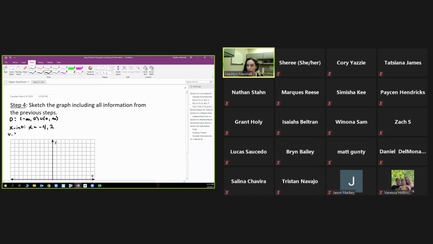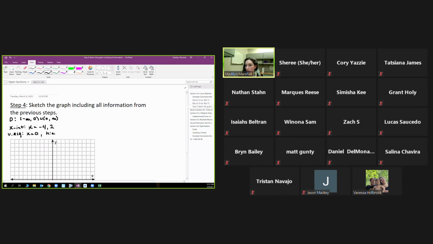And we have a vertical asymptote at 0, and a horizontal asymptote at 1, so y equals 1. So that was all of our step 1 information.